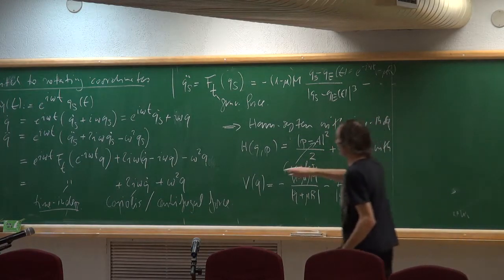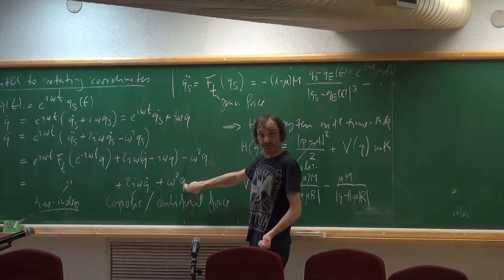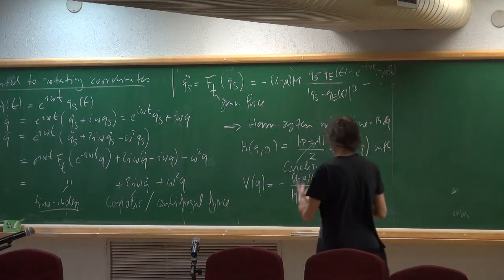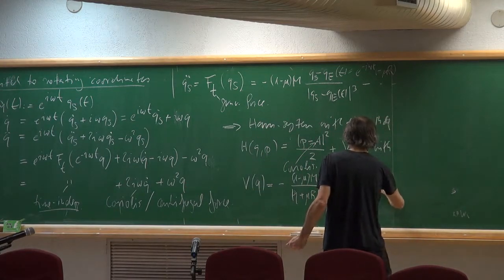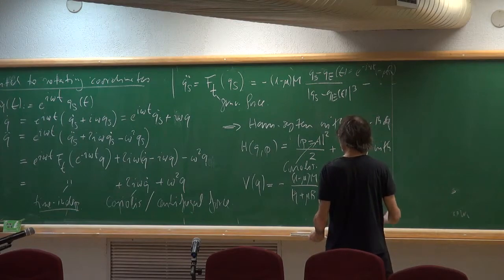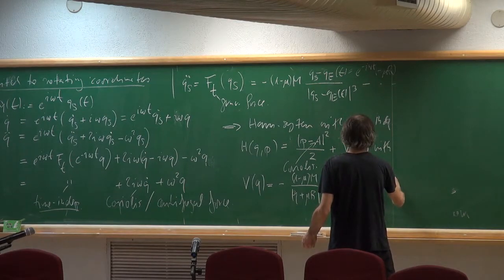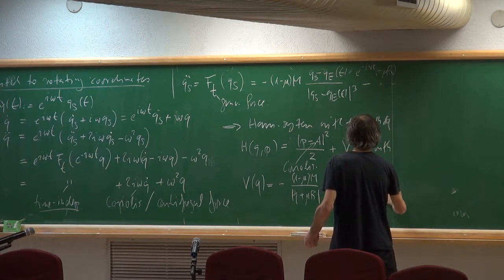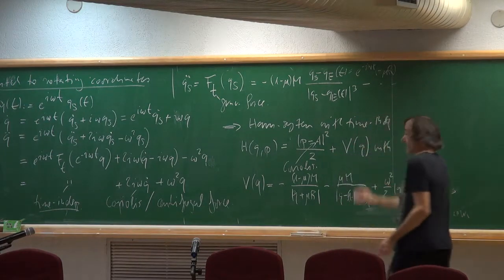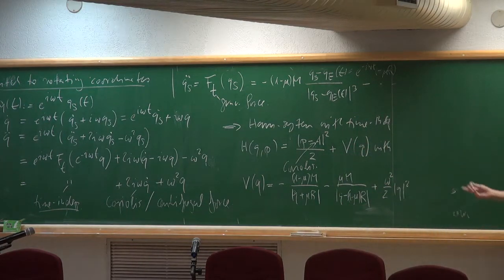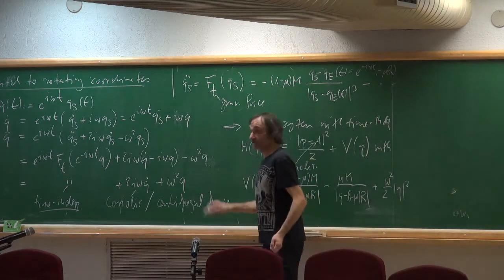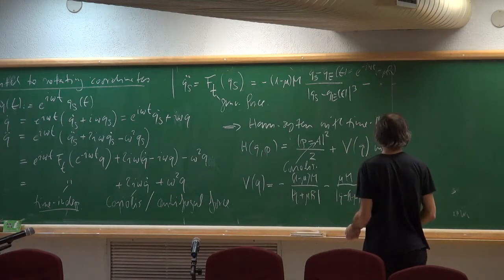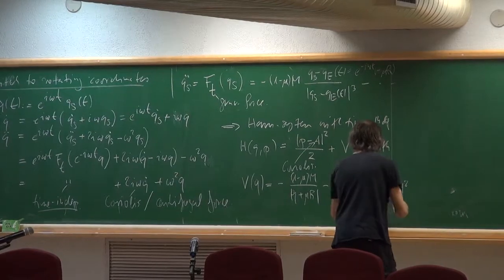And we also need to generate this force. Well, this force is a harmonic force, so it's just generated by plus omega square over 2 times q norm square. This will generate this force, and I think I'm doing it wrong. I think it's a minus sign, yeah?